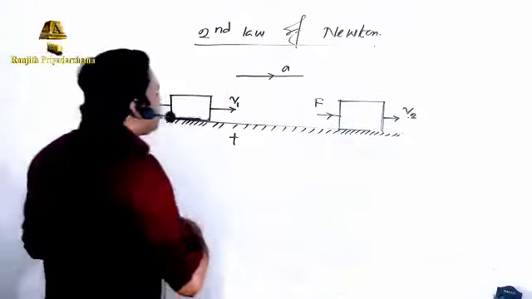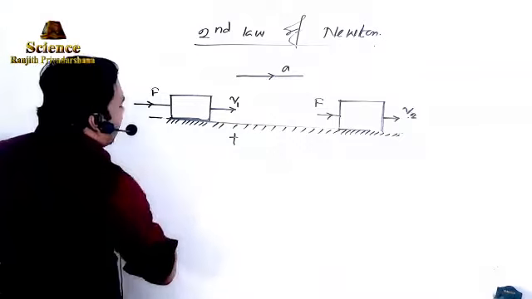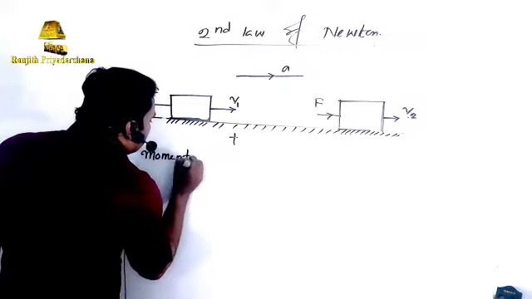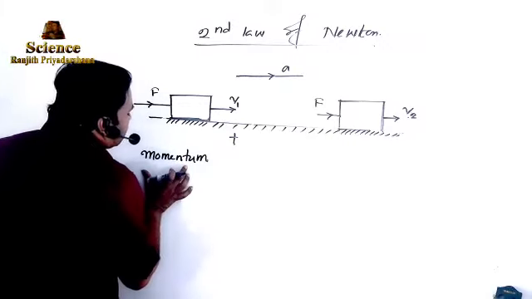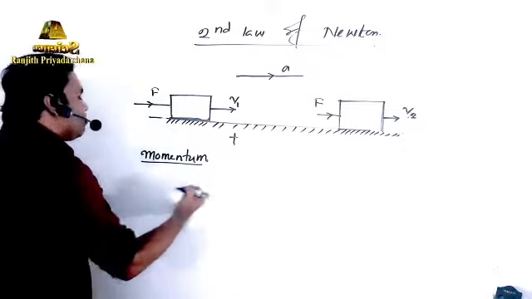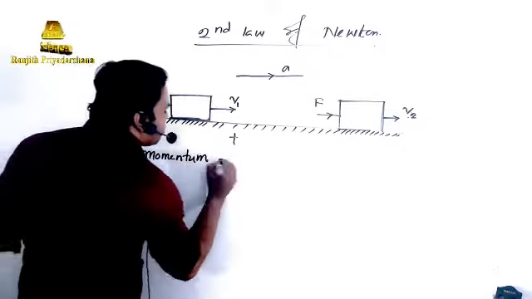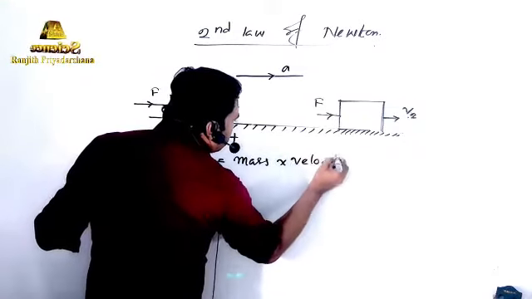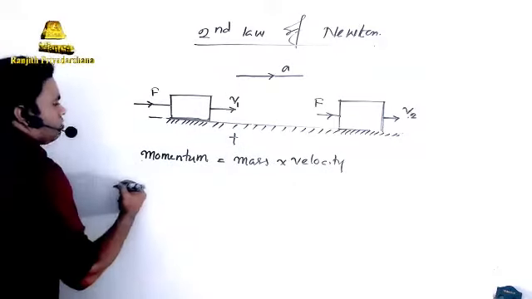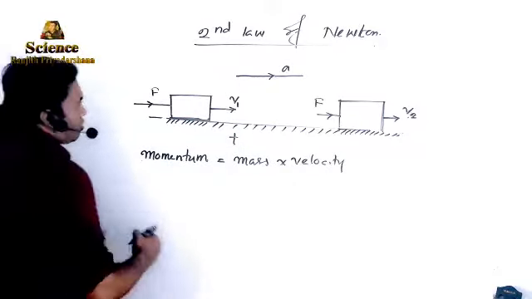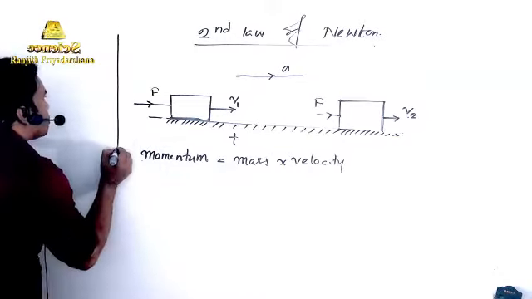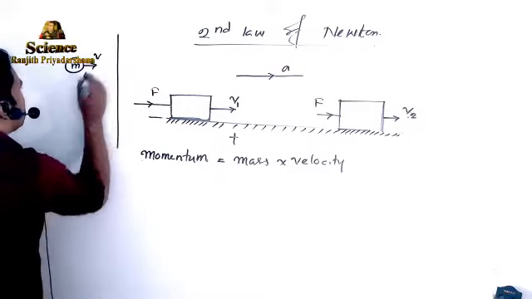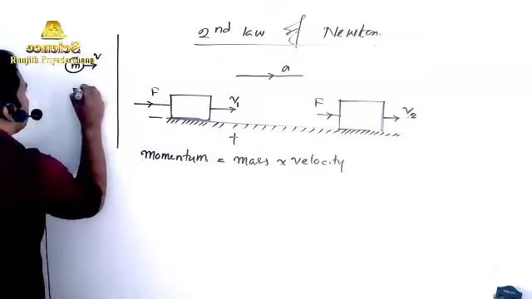Okay, so the ability to move, this motion ability, is measured with momentum. So momentum equals mass into velocity. For instance, if an object of mass m moves with velocity v, its momentum is said to be mv.